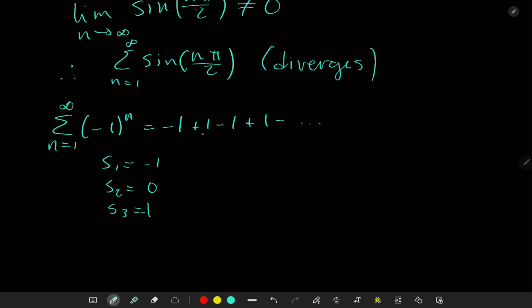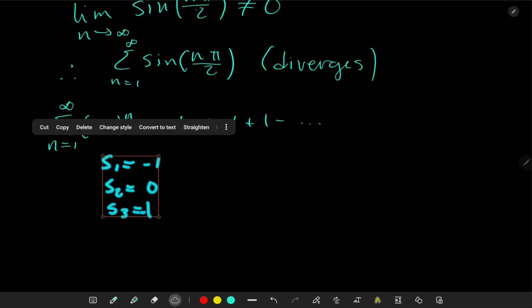you can always start rewriting this sum a little bit differently. It's going to be alternating. Obviously, it's not going to converge. But you could say, what if it did?